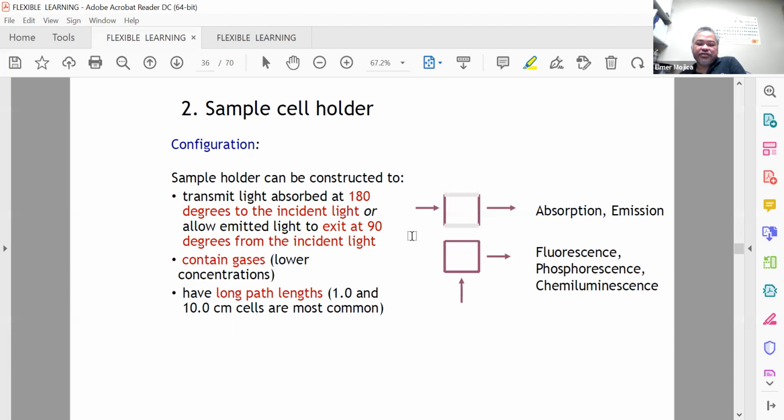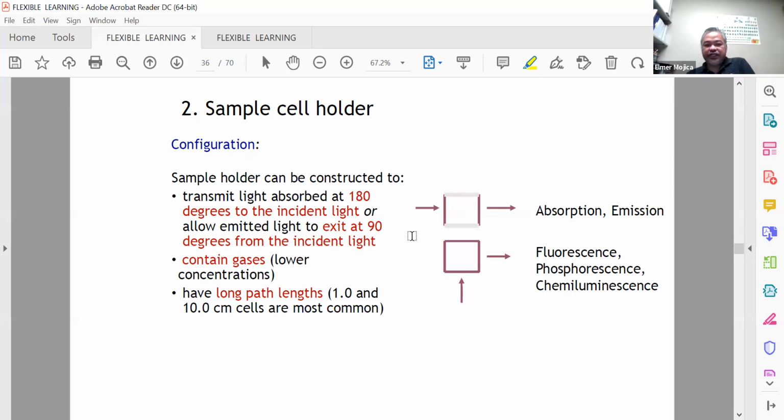Now, if you're doing absorption, okay, usually the way that you have here, you have this cuvette and then you just pass it through. But if you have fluorescence, the way that you're going to do it, you're going to have the light this way, and then you're going to observe it at 90 degrees, like me facing my hand. So this is the cuvette, this is the light source. So I want to monitor it like this one, okay?